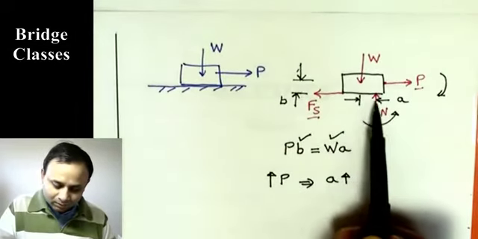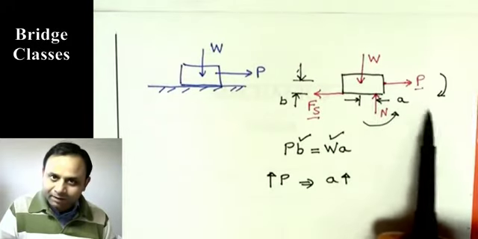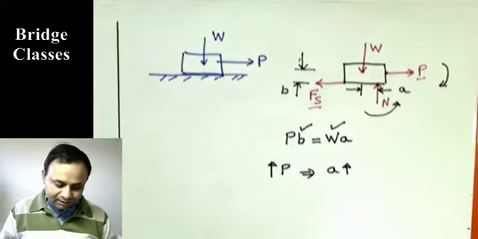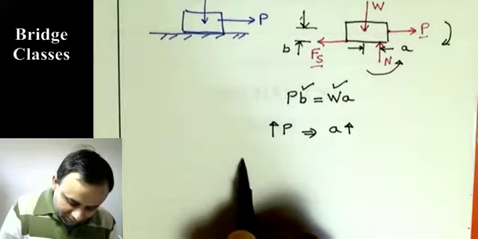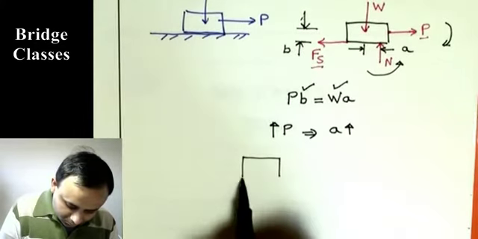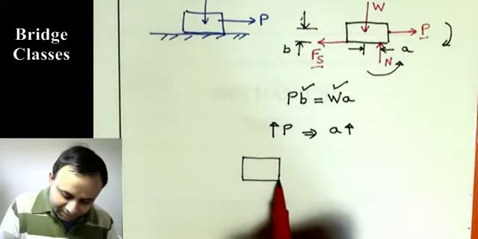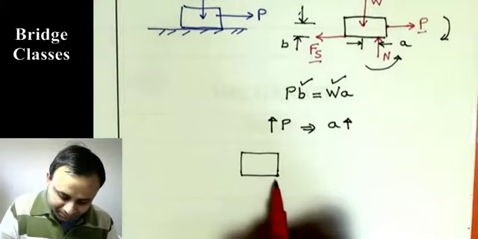So the normal reaction is going to act more and more to the right. It is going to shift more and more to the right. And say we reach the limiting situation where normal reaction is now acting at this point. It cannot go beyond this point on the body, that is the extreme.